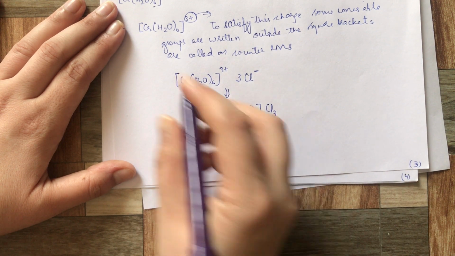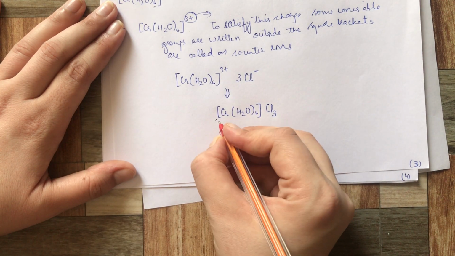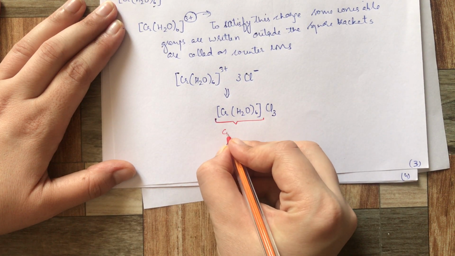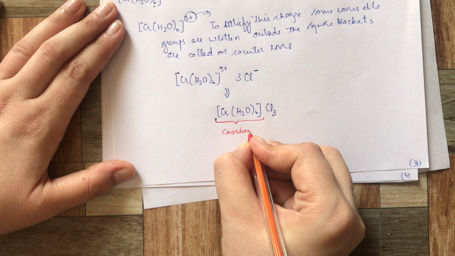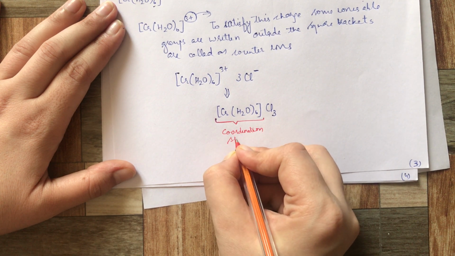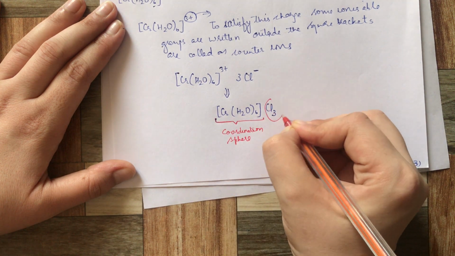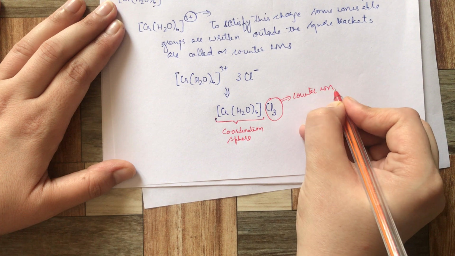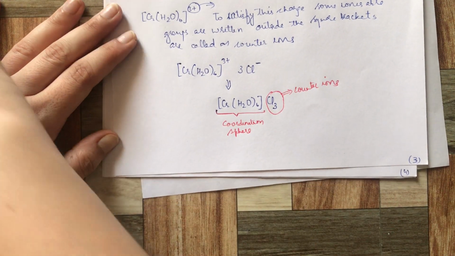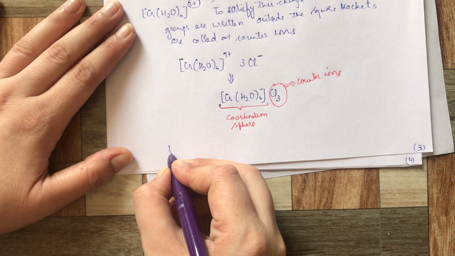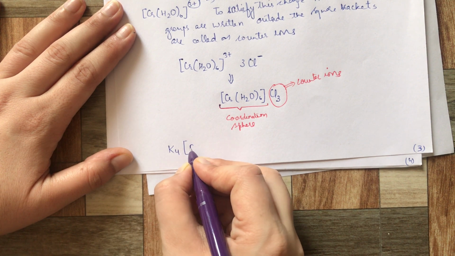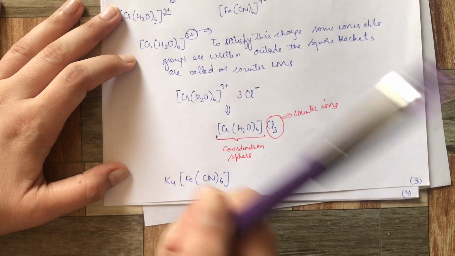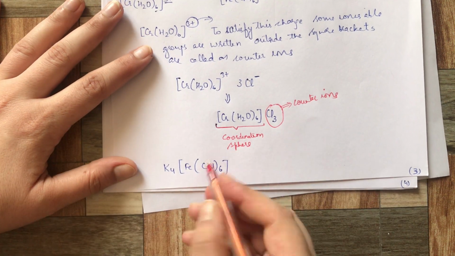So from this square bracket to that square bracket is the coordination sphere, and these are the counter ions. Similar to this is another example, K4[Fe(CN)6].